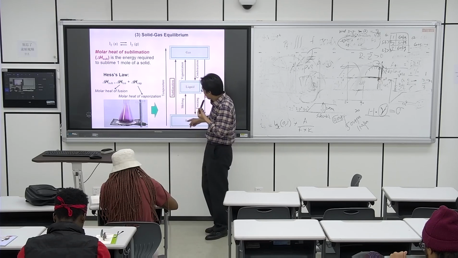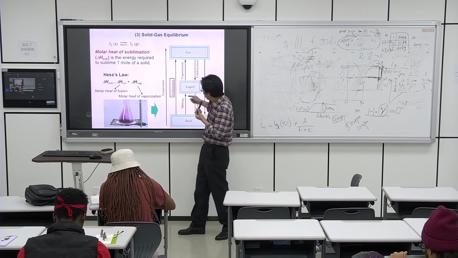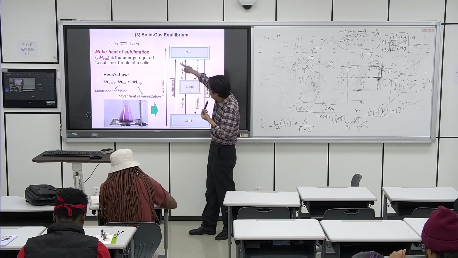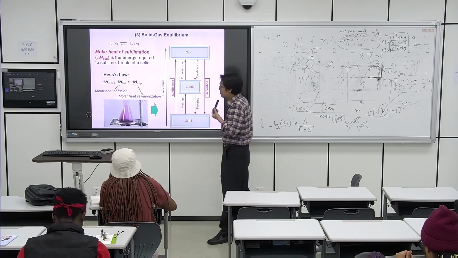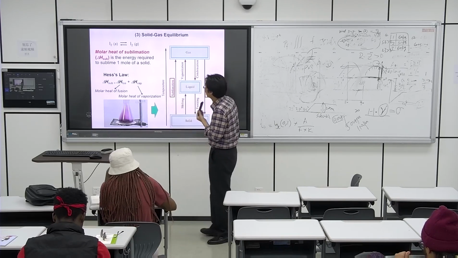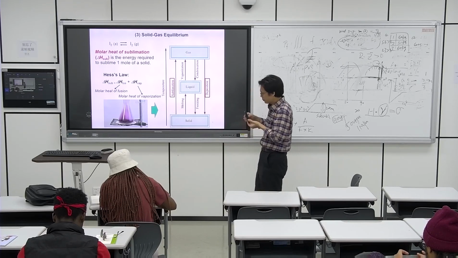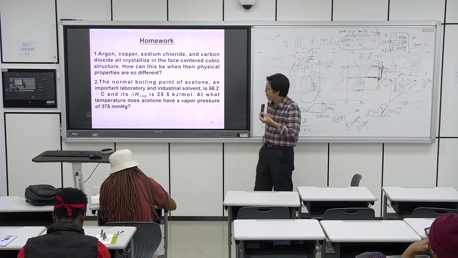If it can change from solid to liquid and liquid to gas, then these two energies should be equal to this energy. Okay, this is Hess's law. This is about the solid-gas equilibrium. So this is all we learned last time.